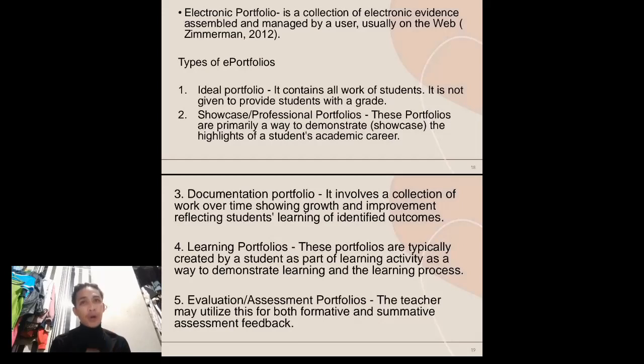So this might be to highlight the success or to showcase a variety of accomplishments a student has achieved over a period of time. So in showcasing a student's work, this portfolio allows them to describe and tell their own story.